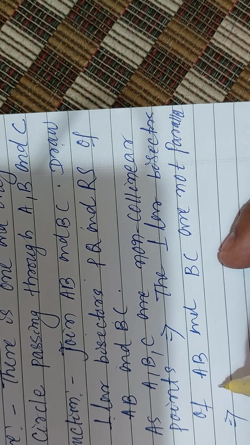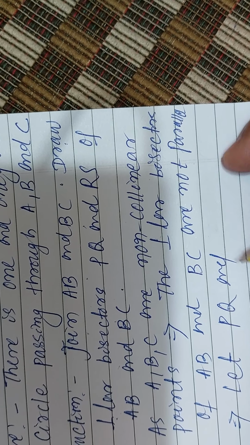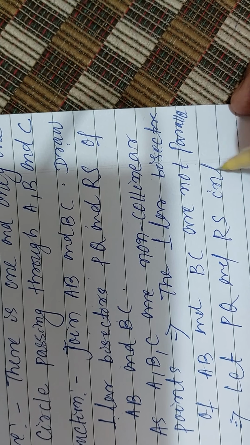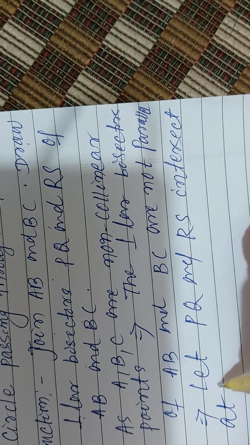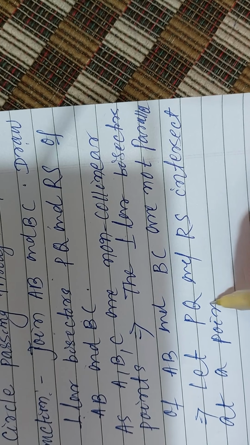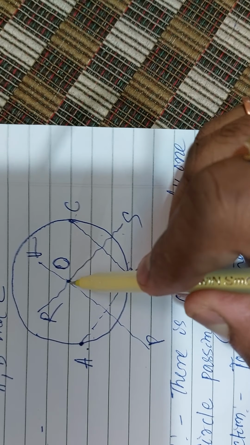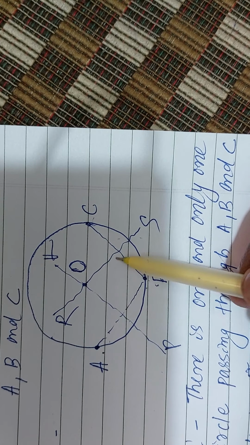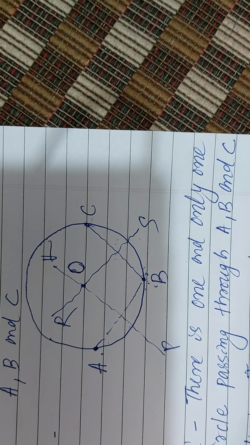So that implies let PQ and RS intersect at a point O, right? So this is the point of intersection between these two perpendicular bisectors of AB and BC respectively.